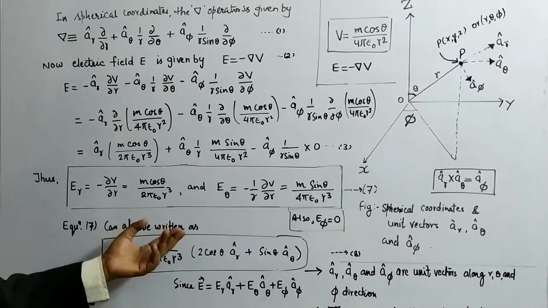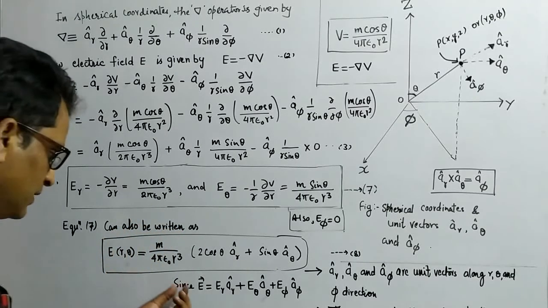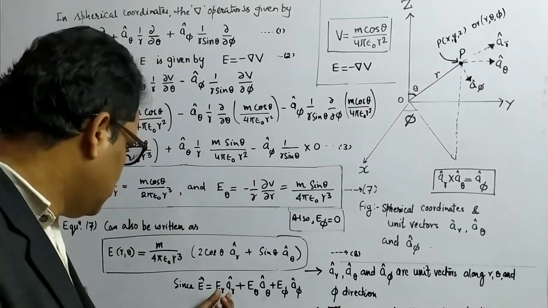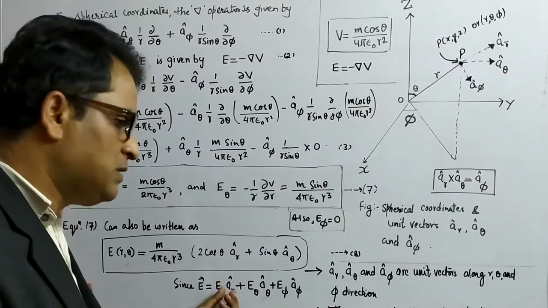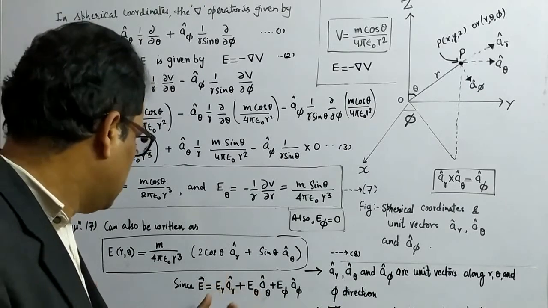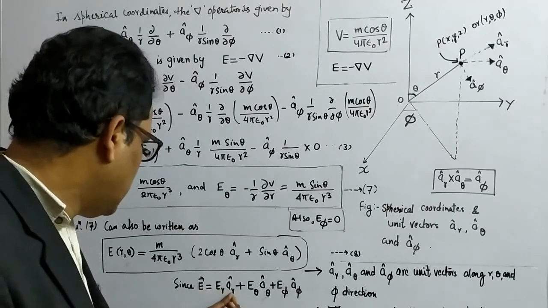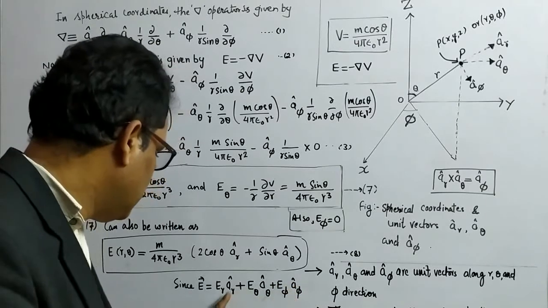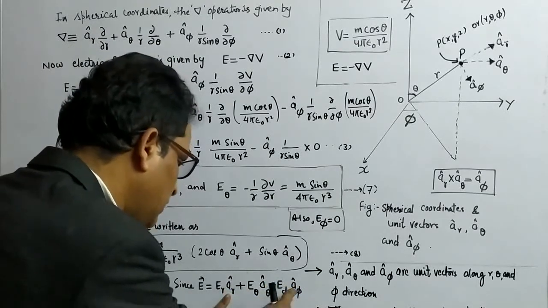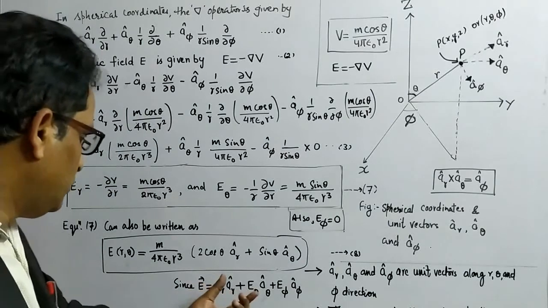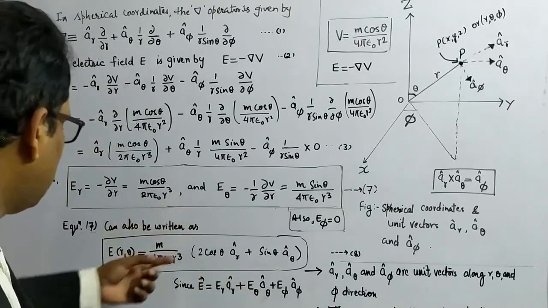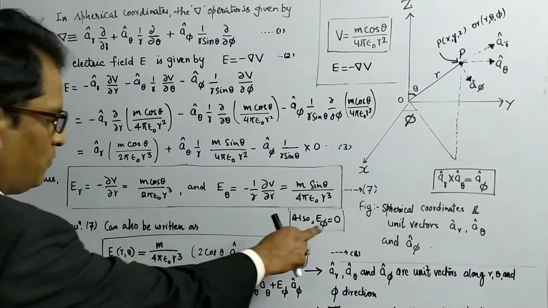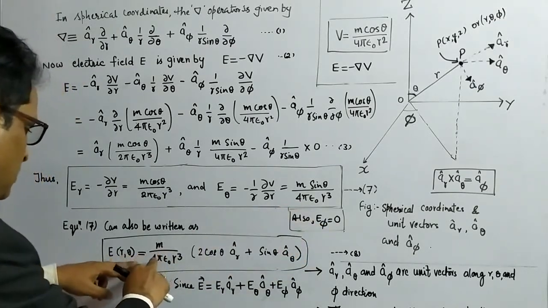This equation 7 can also be written as, remember this, any vector E can be written as the components along their unit vectors in the respective directions x, y, z. So E will be Er Ar plus E theta A theta plus E phi A phi. These are the unit vectors Ar, A theta and A phi. Using this relation, I can write this in the summation form: E, which depends on r and theta. Phi has not been included because the phi term is 0, it is not depending on phi.